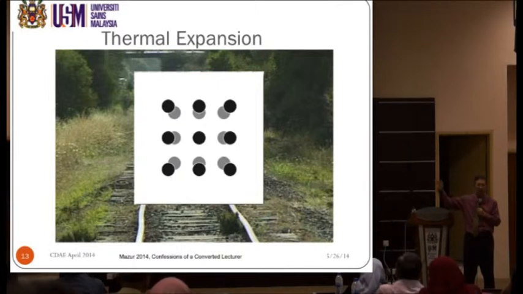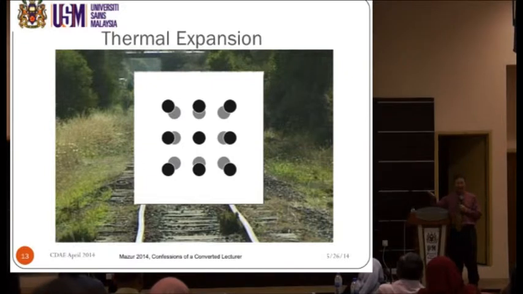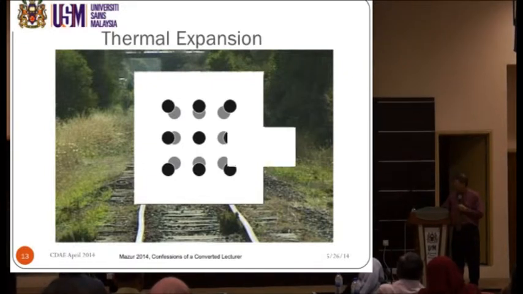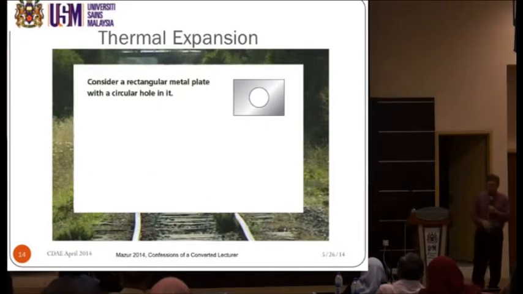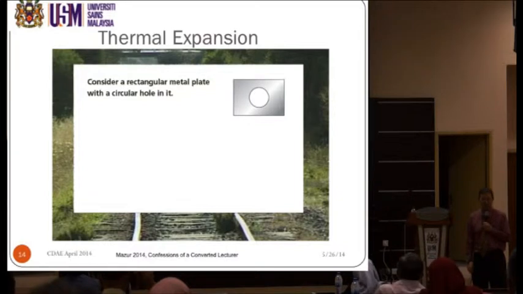Unless the energy is released, usually through heat or whatever, they come back down to a more stable orbit. So this is what happens. So I'm providing you the facts, right? Give you the information. So now, consider I have a rectangular metal plate with a circular hole in it.